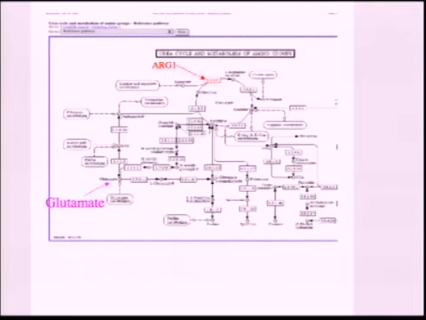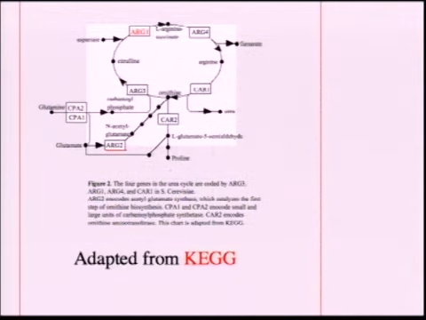I'm going to zoom in here. Well, I must say that on the previous slide, when I made it many years ago, there's a misconnection. Even though it was done from KEGG, they simply made a careless mistake in assigning the genes.